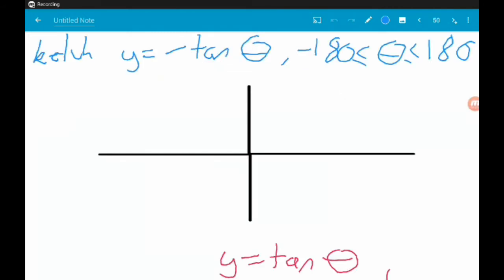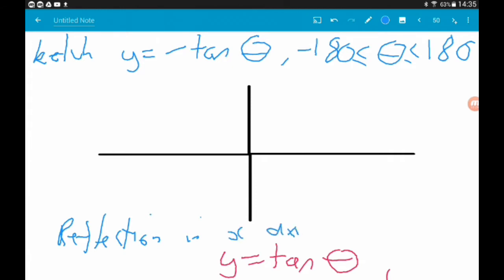First up, we want to do y equals minus tan theta. This time though, because tan is such a busy graph, we're only going between minus 180 and positive 180. So minus tan of theta is just a reflection in the x-axis.